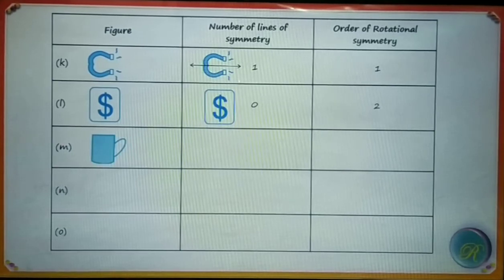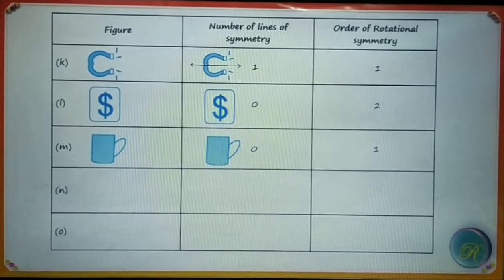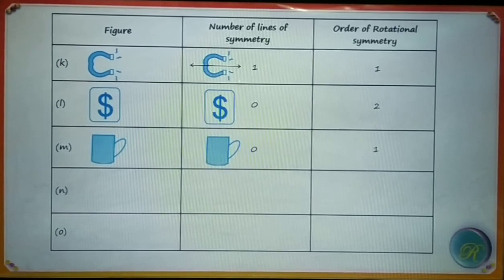Figure M. Number of lines of symmetry 0. Order of rotational symmetry 1. Figure N. Number of lines of symmetry 1.